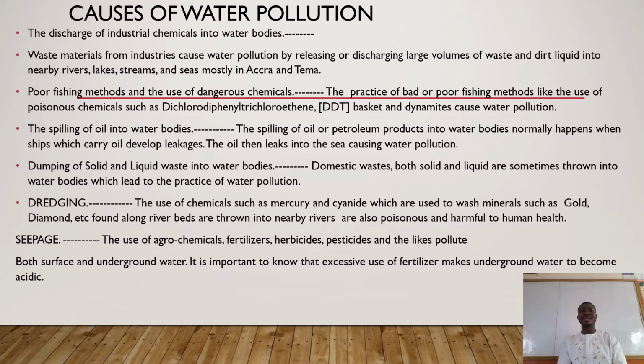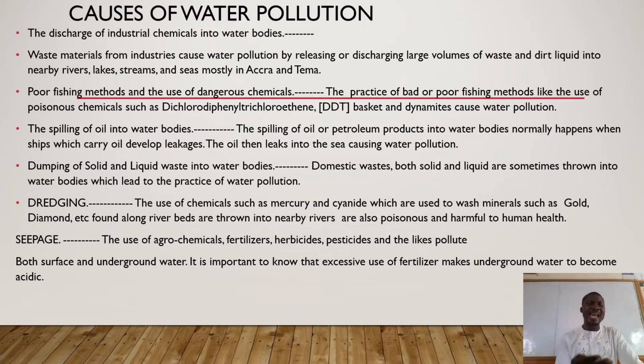They do this by releasing or discharging large volumes of waste and dead liquid into nearby rivers, lakes, streams, seas. We are saying that when waste materials are discharged in large volumes into our nearby rivers, streams, seas, we have contaminated or polluted the water.